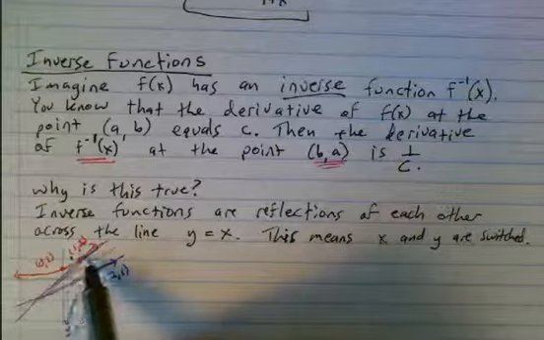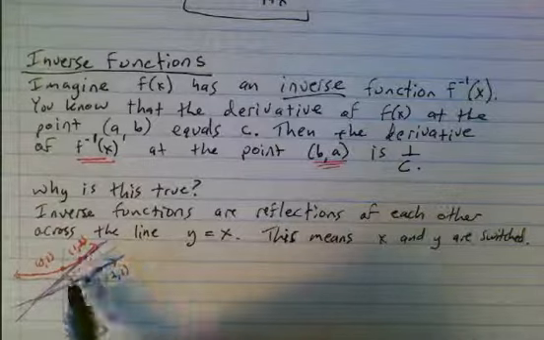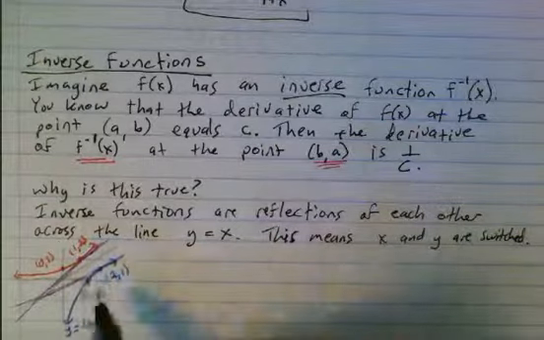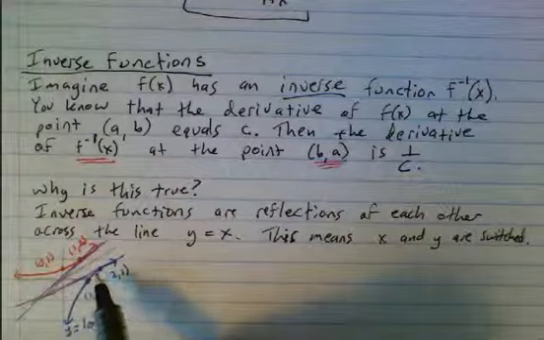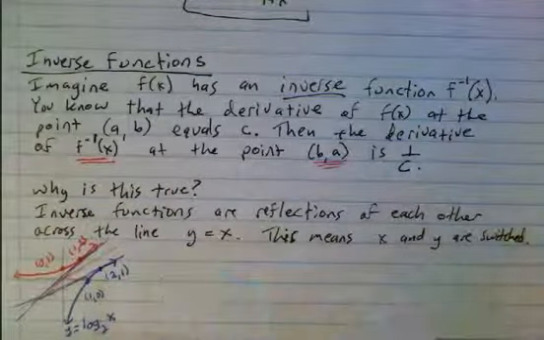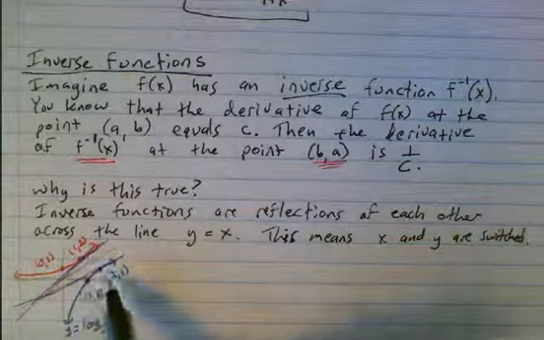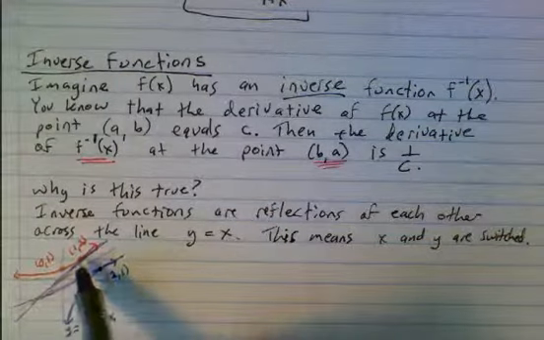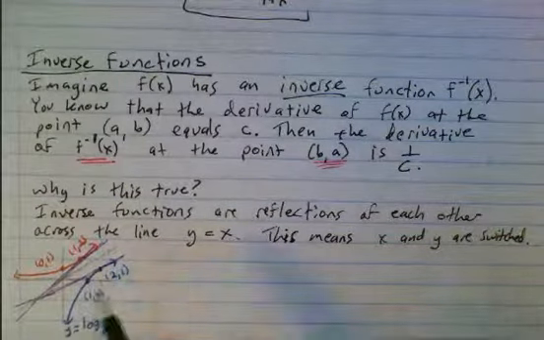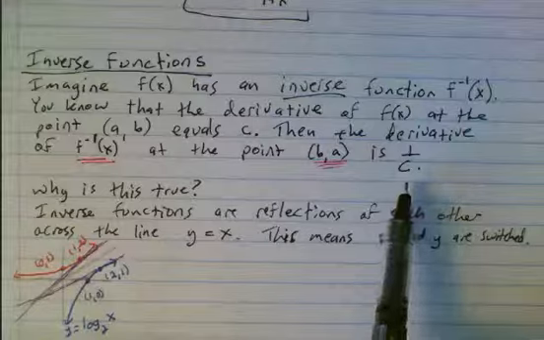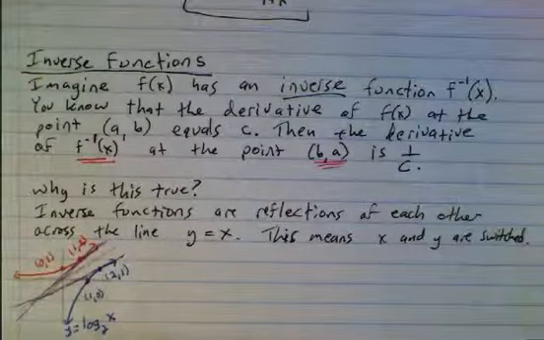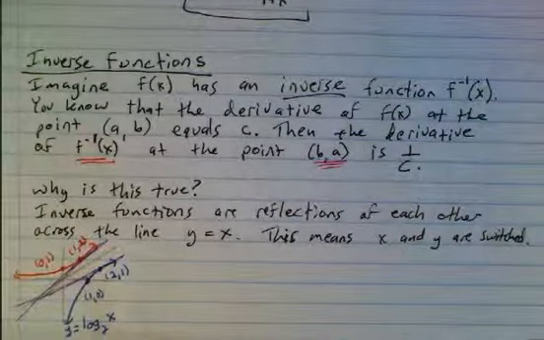This, the rise over run, y over x, change in y over change in x, has been flipped over here to be taking the other variable's place. The change in y here is the change in x there, and the change in x here is the change in y there. That's why it's the reciprocal, because basically the x and the y have changed places, and for the slope, that means that it flips it over.